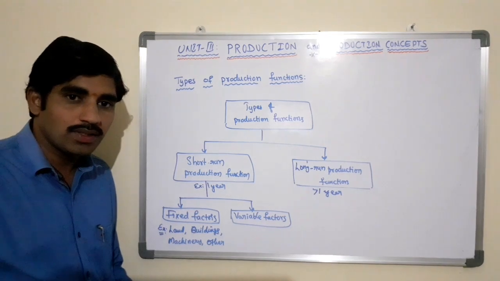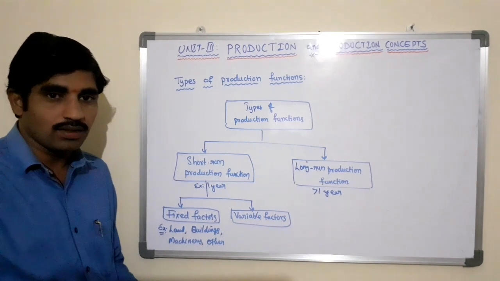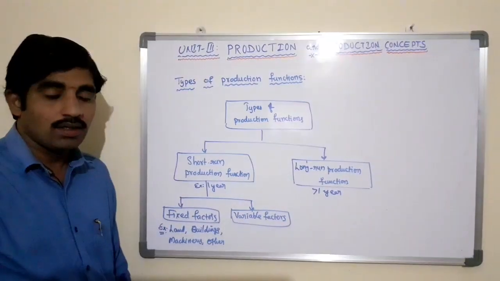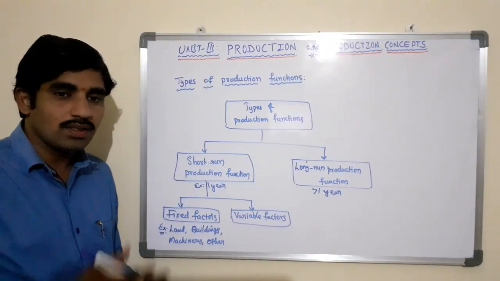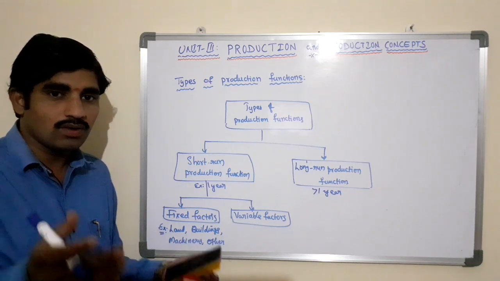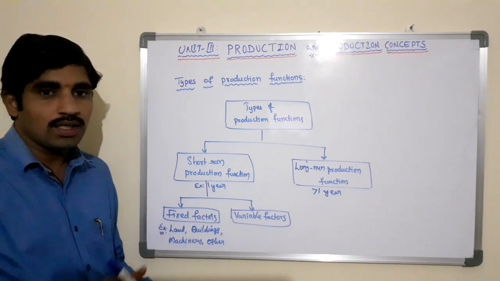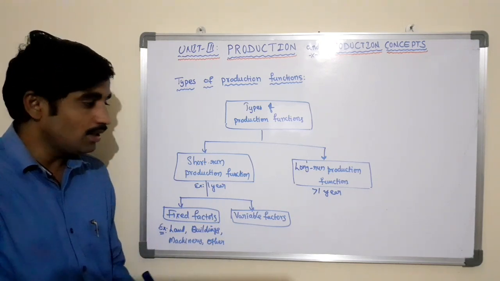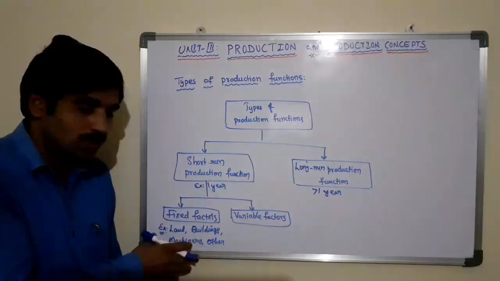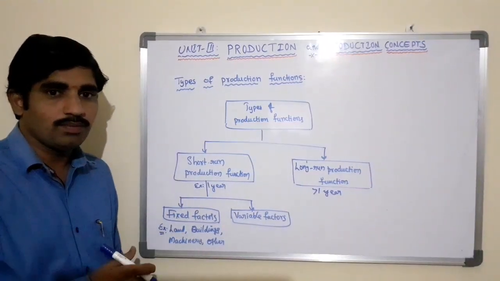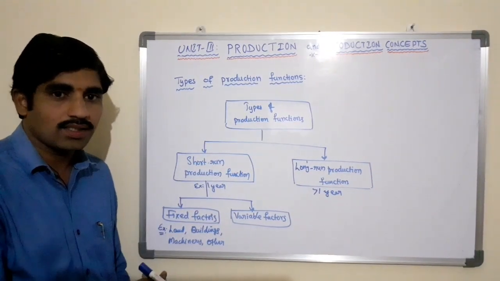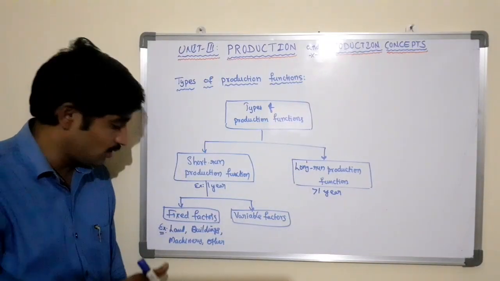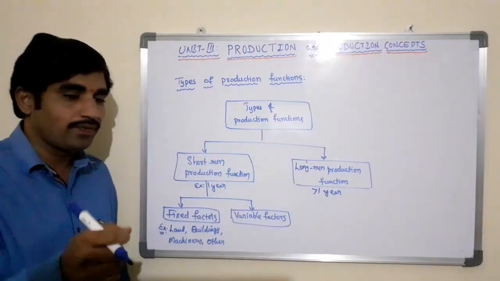The setup cannot be changed for a short period. So such factors are known as fixed factors. After 1 year, after 2 years, these factors may change based on the requirement of the organization, based on the requirement of the production, and so on. But here in short period, once you set up, once you establish, once you purchase, once you construct, it cannot be changed. Such input factors are known as fixed input factors.